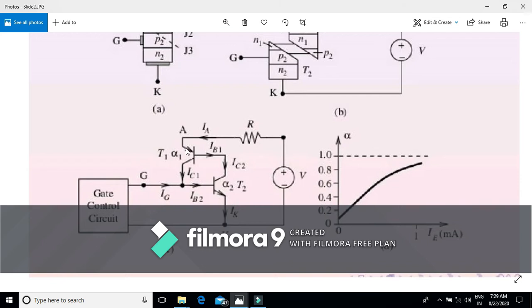This current is again supplied to the base of T2, and thus a positive feedback is initiated, and within a few microseconds, saturation is reached. Thus, this current is only limited by the external load that is connected with this thyristor.